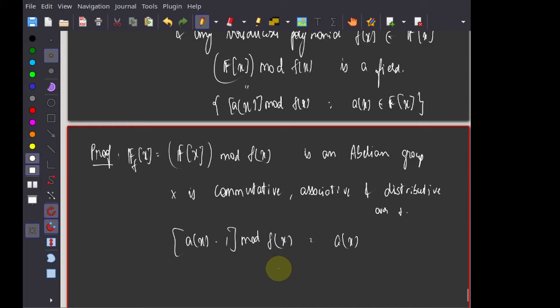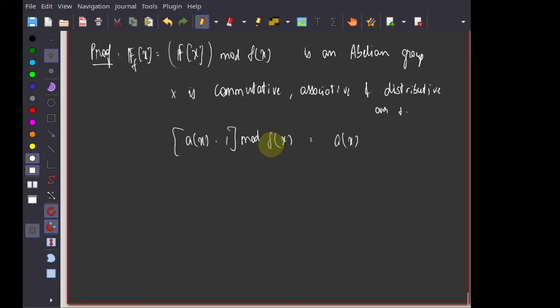So the only thing that we have to be careful about is whether inverses exist, because even when we were trying to look at the set of integers modulo p, we saw that if p is not prime, then some elements don't have inverses. We have to check whether inverses exist. If inverses exist for all elements, then we know that this forms a field. That's the only tricky part over here. So let's try to do that. What do we know about f of x? F of x is irreducible, right?